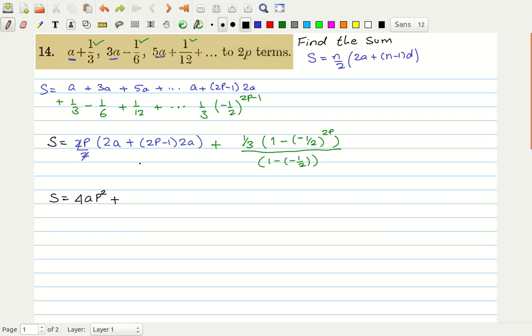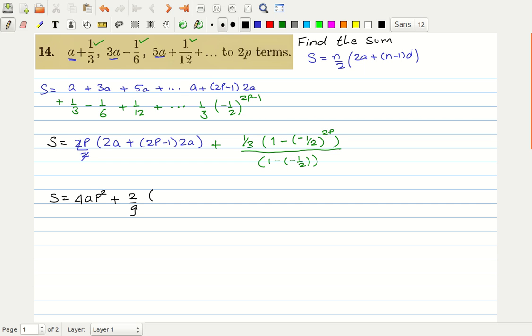So this will be 2 by 9 times 1 minus, now this 2p is going to be an even number, right, because it is multiplied by 2.